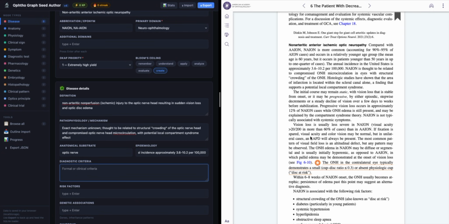Okay, diagnostic criteria. This is a diagnosis of exclusion, right? And what does that mean?